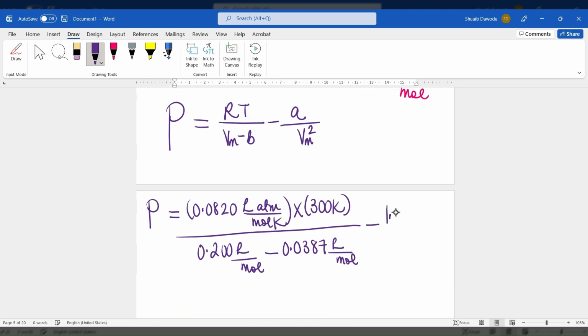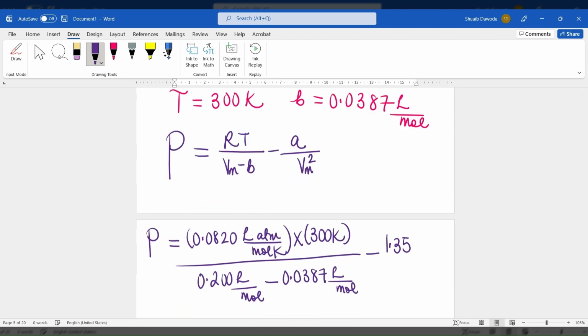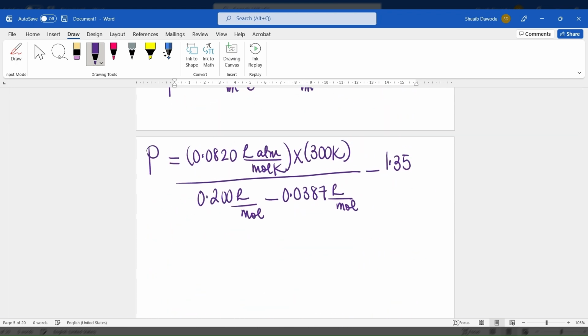So 1.3521 liter atmosphere liter squared per mole divided by 0.200 liter per mole all squared. So yeah, that's basically what you've gotten so far. And this is it. This is basically it.